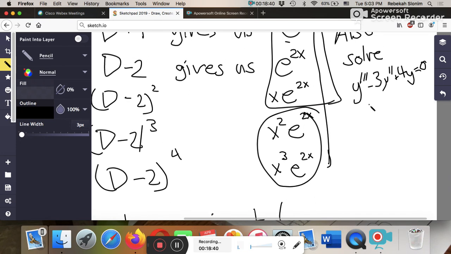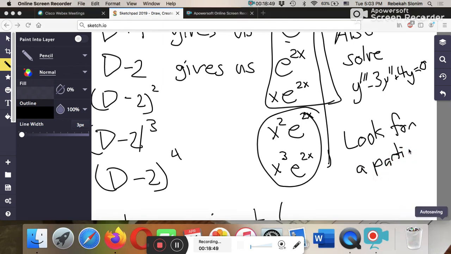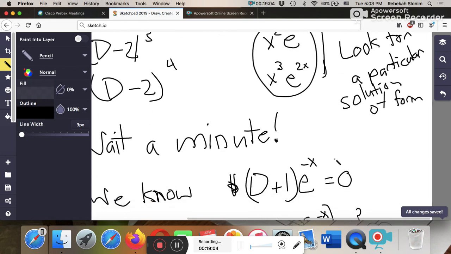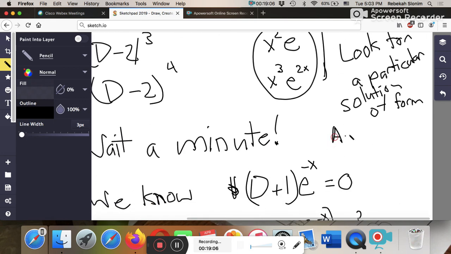So the form that we're going to end up looking for is a particular solution of the form a times x squared e to the 2x plus b times x cubed e to the 2x.